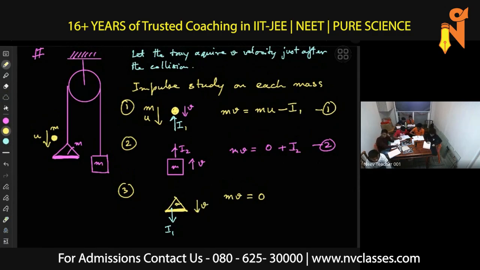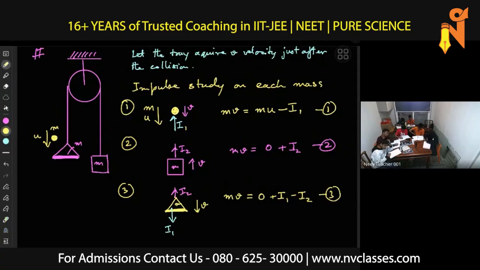But then the spring is spoiling the case. It will not make it go as fast as it could have gone. The spring is having an impulse upwards, right? How much is that? I2. So the spring gives I2 impulse upwards. So MV is acquired from the initial momentum, which was in this case nothing. It should have got momentum from the I1 impact, but then I2 is killing the momentum a bit. And that's my equation number 3, right?